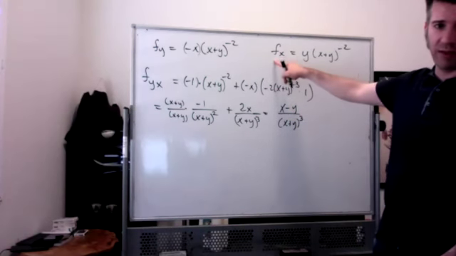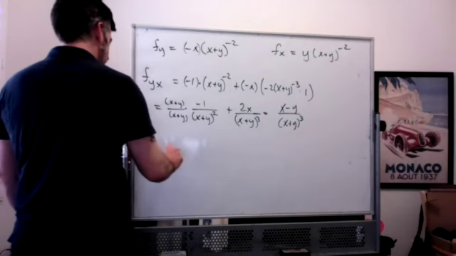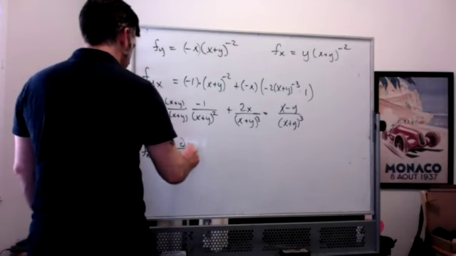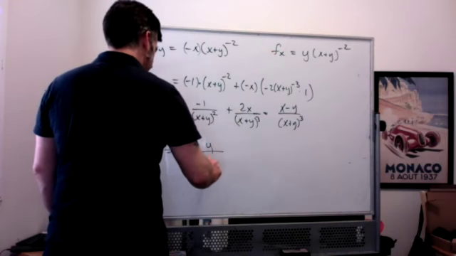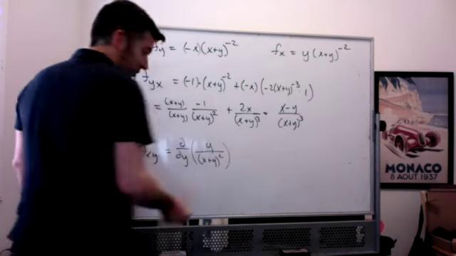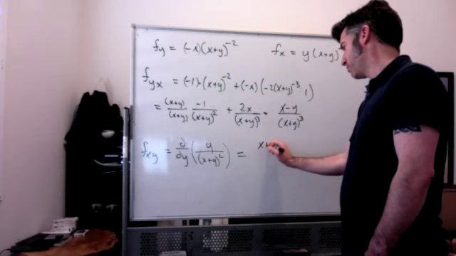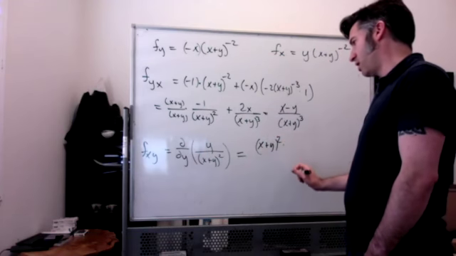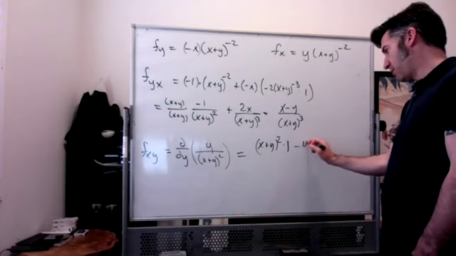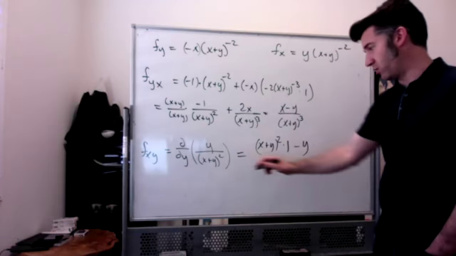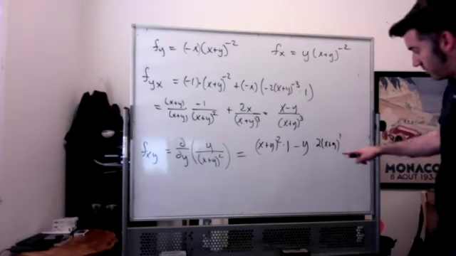Let's do fxy the more normal way. Let's do it as the partial with respect to y of fx using the quotient rule, everybody's favorite rule, or not. So bottom times the derivative of the top, which is 1, minus the top times the derivative of the bottom, which is 2 times my stuff to the first times the derivative of my stuff.